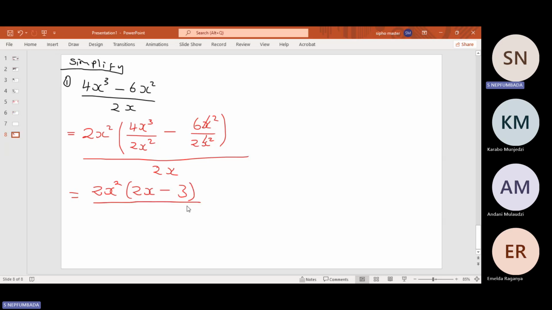Then divided by 2x. So 2 and 2 cancel, x cancels one x there, and we're left with x into 2x minus 3. Any question?